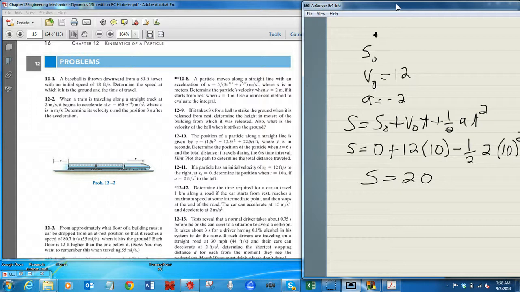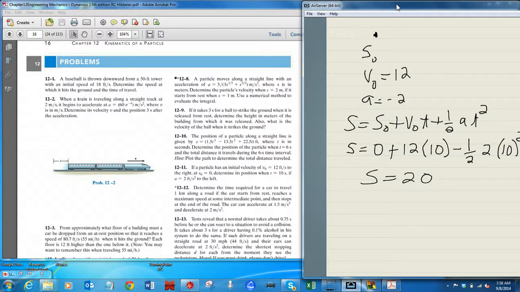Seeing this plus or minus, here's what I do. Whenever I write the equation down, I put x equals 0 plus v0t plus 1/2 at squared. I just copy them down. Then when I put in a number, for example if v0 is a negative number, I put it in, right?